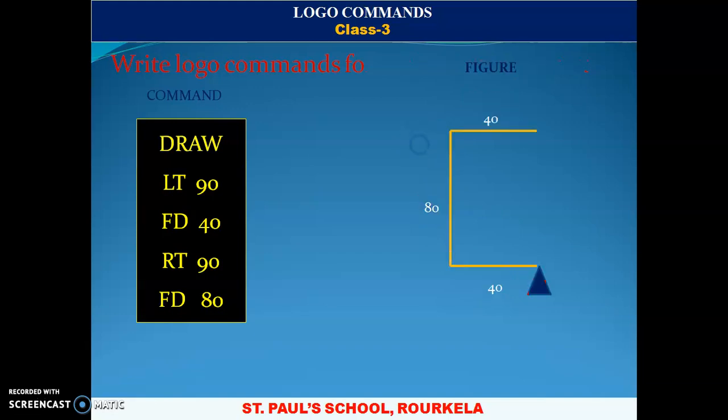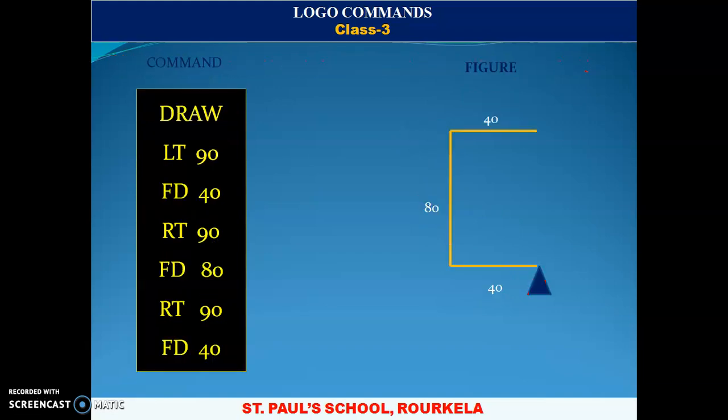Now see the next figure. Next is your C. It is the same as your L, only one extra line is there at the top. So again you start from here. Turtle position is here. First you have to turn the turtle to the left side, LT90. Then move the turtle to this position by using the FD40 command.